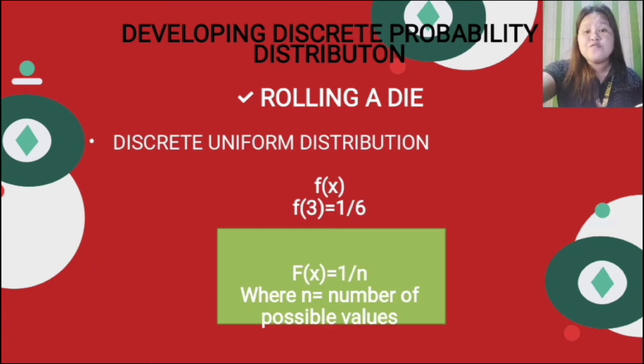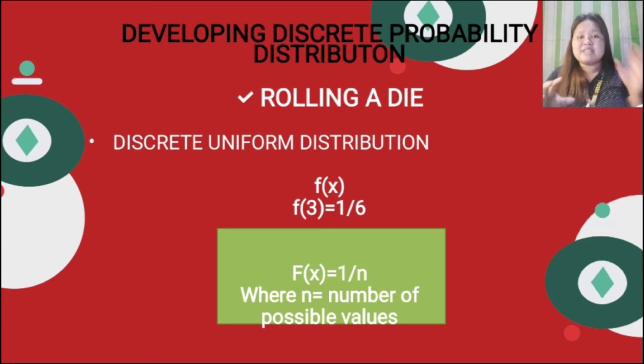In order for us to compute the discrete probability distribution, we need to use the probability function of x, which denotes the probability of each random value. As I've said, for example, we need to replace the x with the value that we're going to use.